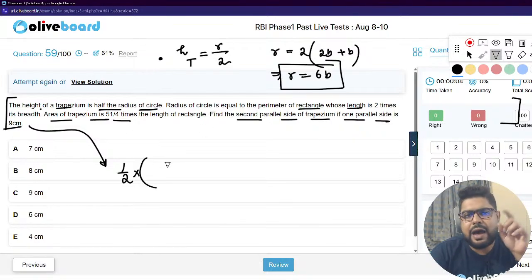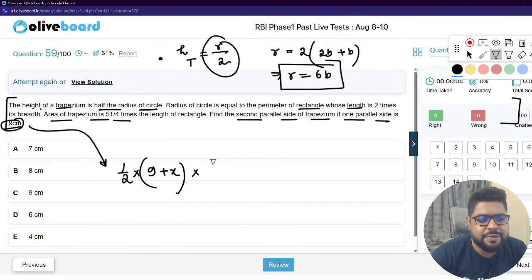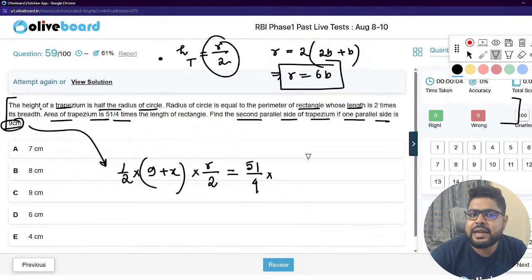So half into sum of parallel sides: one is 9, the other I don't know, so x, into height. Height is given as R by 2. This is equal to 51 by 4 times the length of the rectangle, which is 2B, because length is twice the breadth.